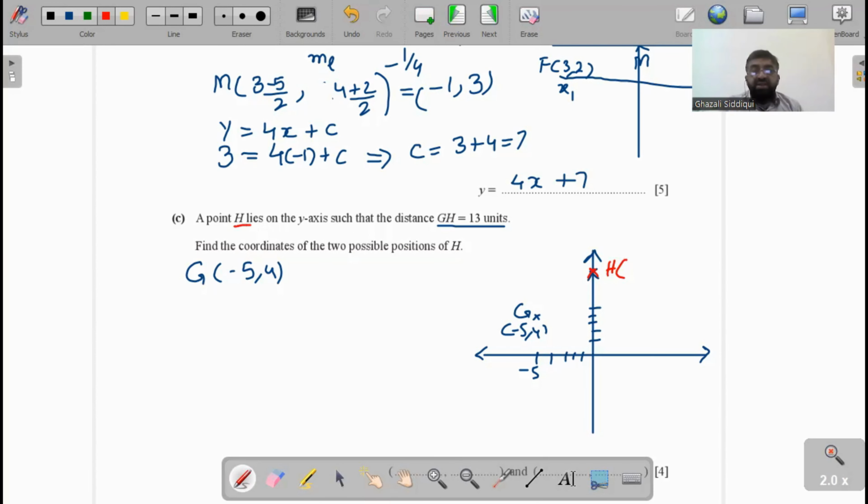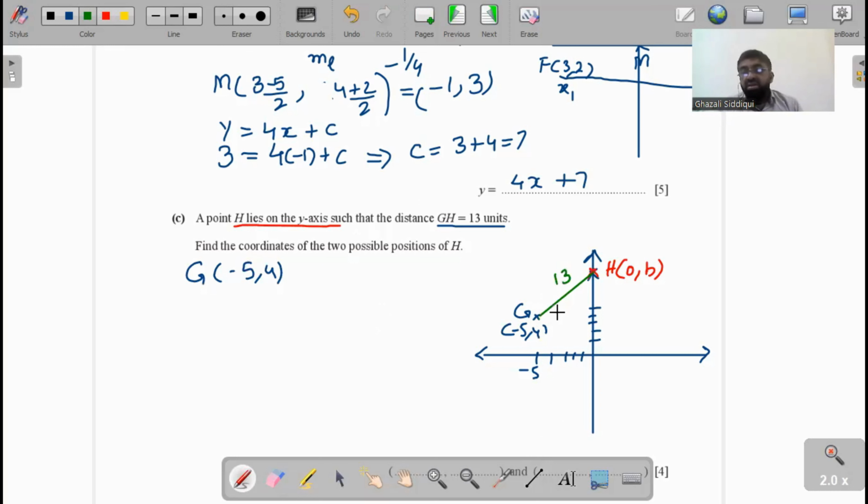If H lies on the y-axis, it means the x coordinate will be 0 and the y coordinate we name b. Now the distance between G and H is 13 units.